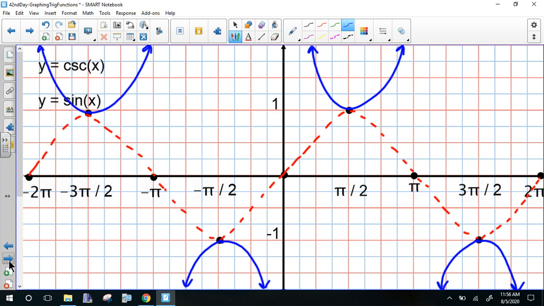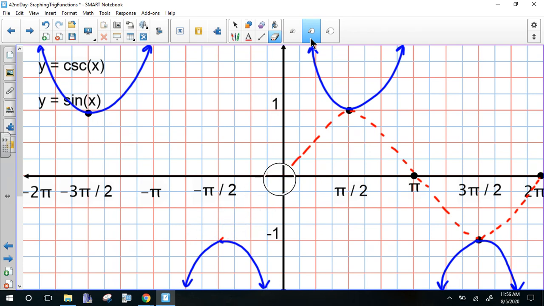So the blue lines are y equals cosecant of x. If you want to come back and erase y equals sine, you can do that.